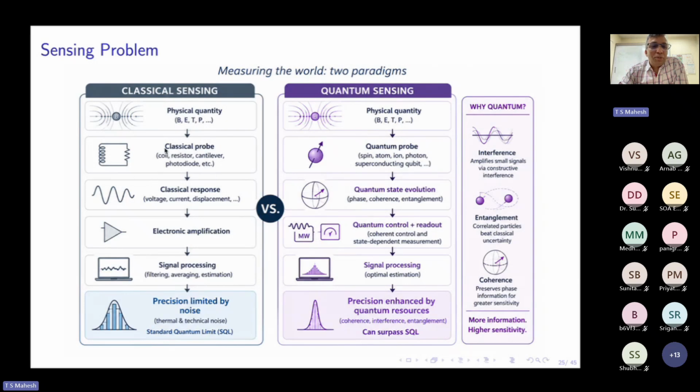Then this probe records some response due to these physical quantities. It could come out as voltage or current or displacement and so on. These are amplified and processed. And now what you are interested in is what is the limit on the precision.